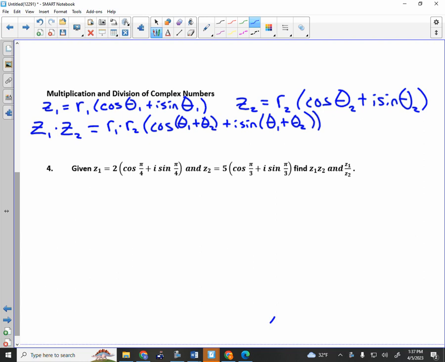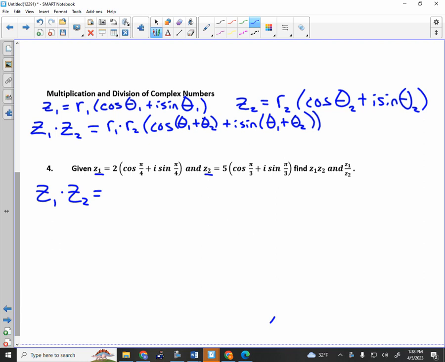Not too bad, right? So let's do one of the problems that you would have on your test, which says given z sub 1 is this thing and z sub 2 is this thing, we want to find z sub 1 times z sub 2. So you multiply the r values and you add the theta values.